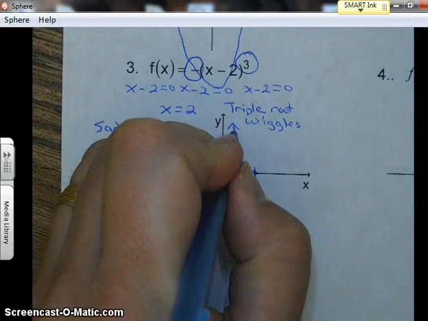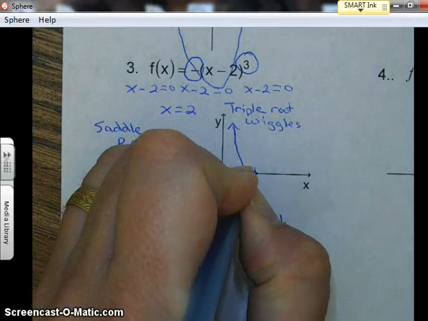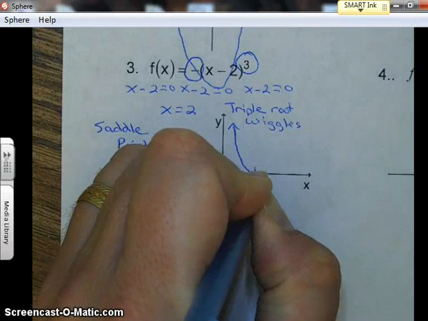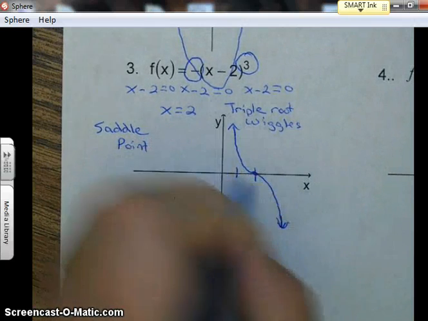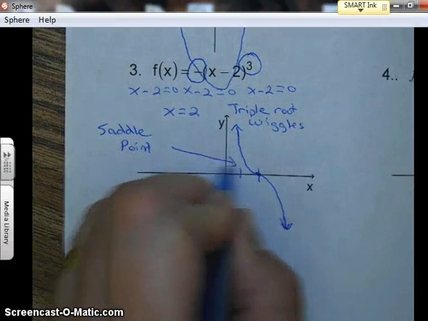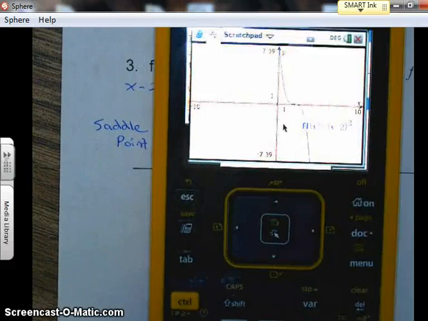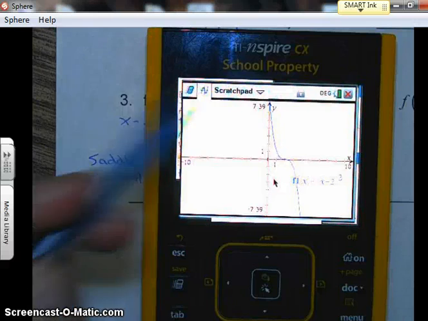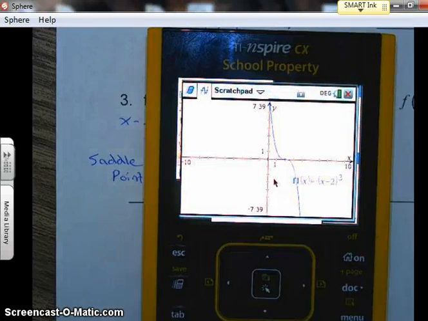And it's going to wiggle, so it's going to kind of come down and flatten out through that point and then come down like this. And again, that's called a saddle point. And it matches up on the left, down on the right.